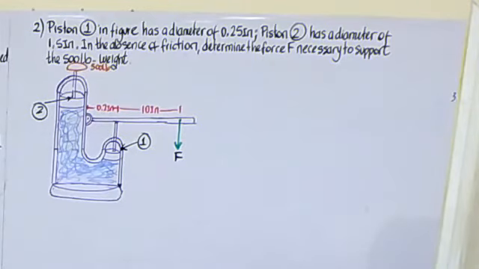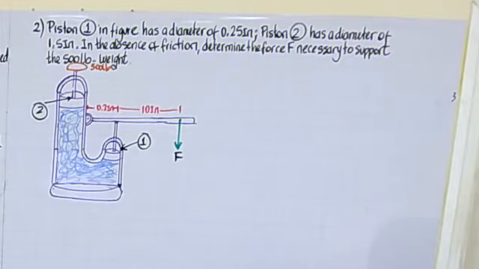In simple words, Pascal's principle, remember, says the pressure will be transmitted undiminished to every point of the fluid. What does that mean? That means the input pressure is equal to the output pressure.